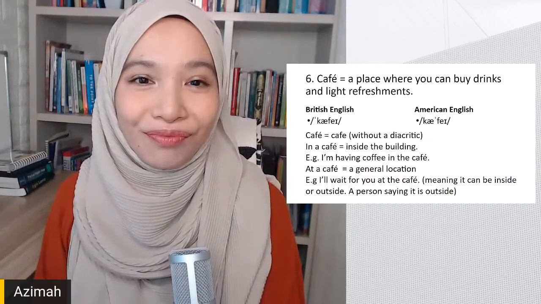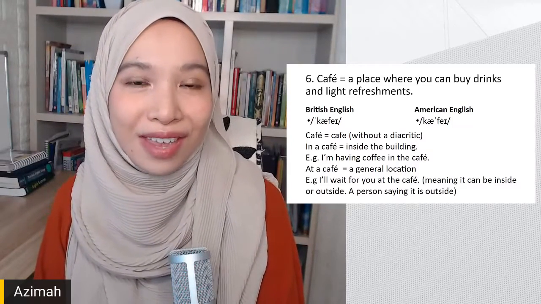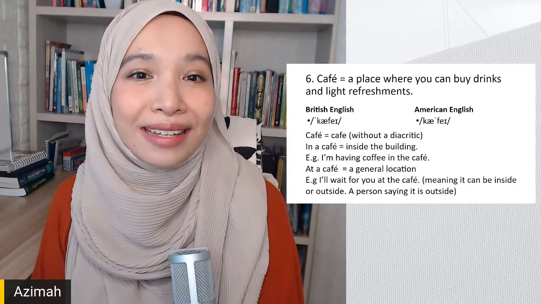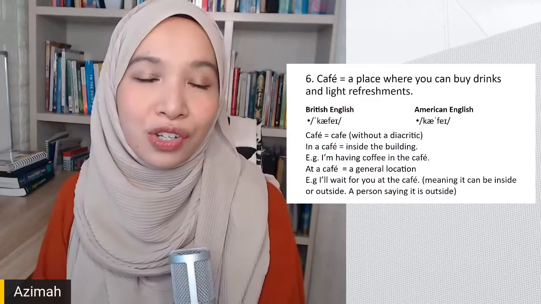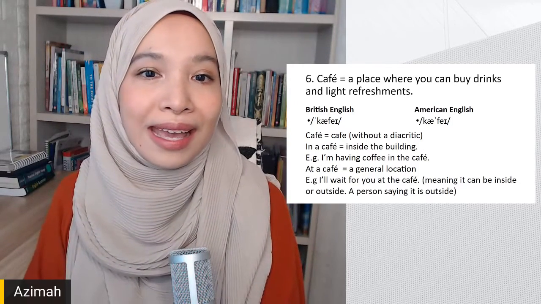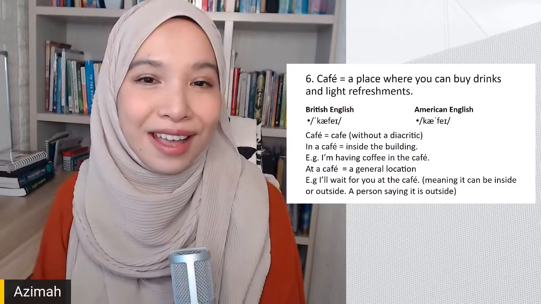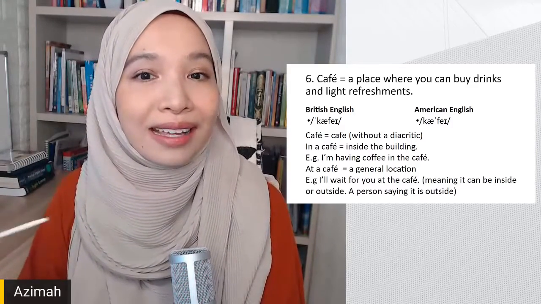Okay. The sixth word is cafe. It's a place where you can buy drinks and light refreshments normally. And so in British English, it would be cafe. So the stress falls on the first syllable. But in American English, the stress falls on the second syllable, cafe.